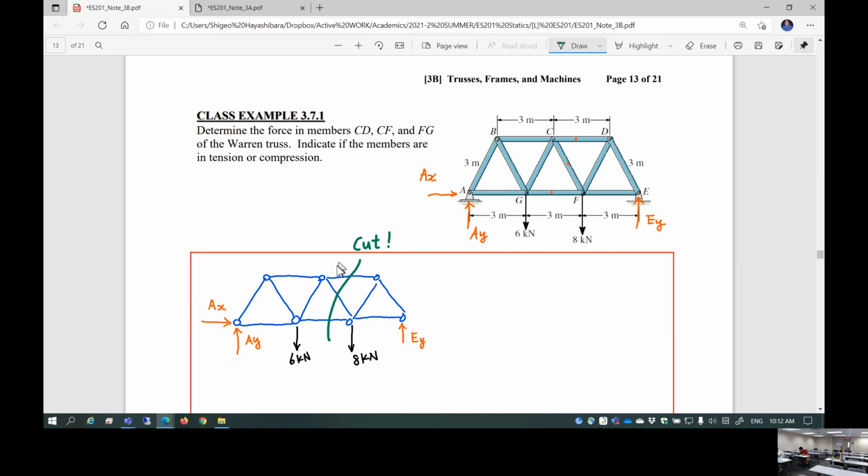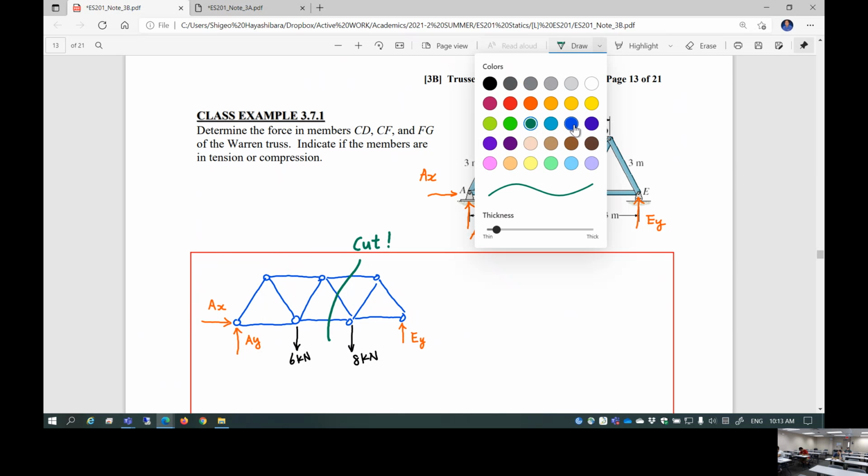I'm going to cut here, and you can choose either this one or that one to begin with. Which one do you want to find? It's your choice. This one seems to be simpler, so I'm going to choose this one because it's a smaller structure.